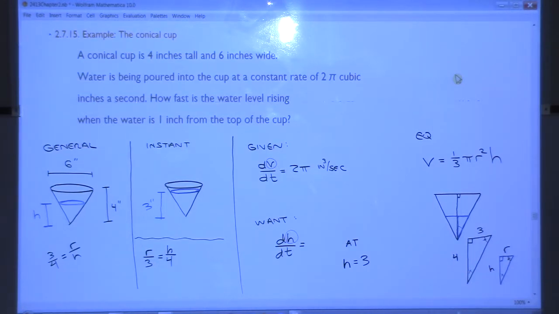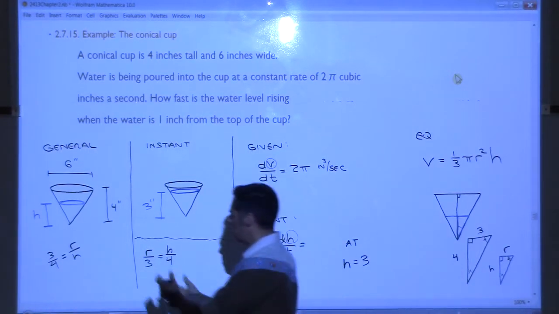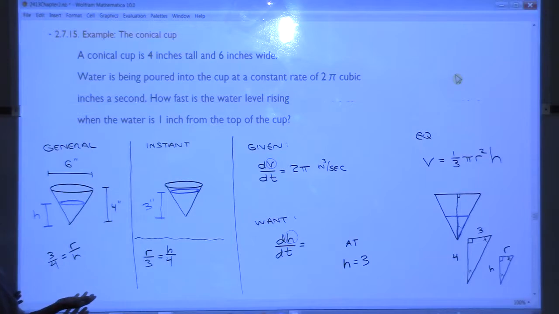What you could not do is 4 over R equals H over 3. That you're not allowed to do. It has to be corresponding sides ratioed, or you have to be working on the same triangle. So H over R, 4 over 3. Understand? Okay, so these both will work out no matter how you do it. If we algebraically manipulate either one of these, we're going to get the same result.